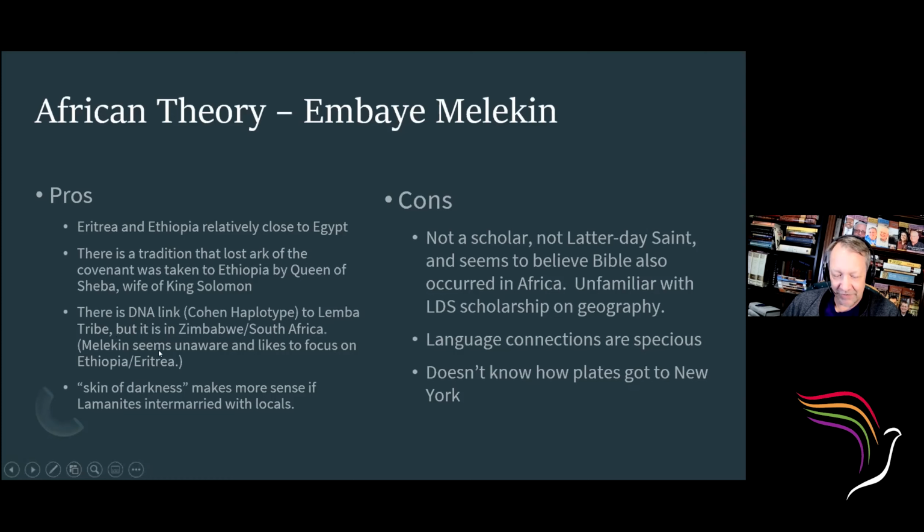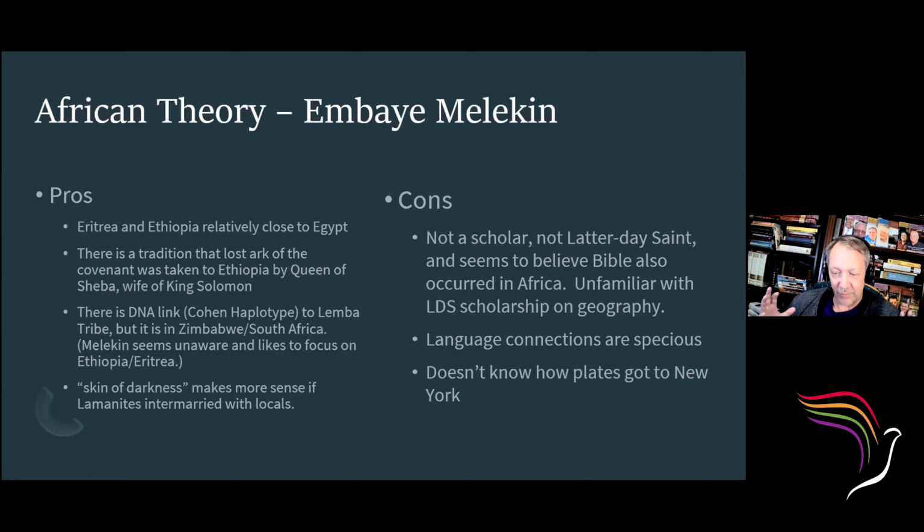Melican seems unaware of this and likes to focus on Ethiopia and Eritrea. But if we would look at Africa, the Horn of Africa, Southern Africa, especially South Africa, if you're going to make a case for the Book of Mormon being in South Africa, you're going to have a lot better chance with the DNA link.